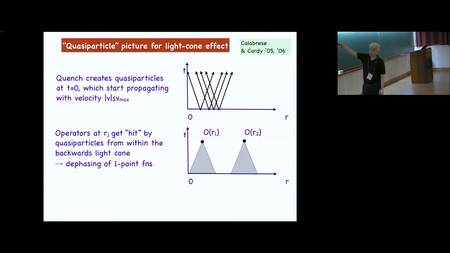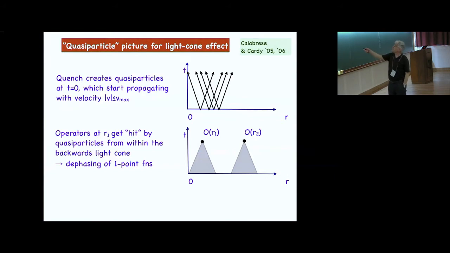Subsequently, these quasiparticles have different momenta, and they start propagating with some velocities. So you get a picture like this. At time t equal to 0, you make these quasiparticles, and then they start moving to the left or to the right with velocities which have some range, but there is a maximal allowed group velocity. Let's say I'm thinking about some lattice model with a nice dispersion.